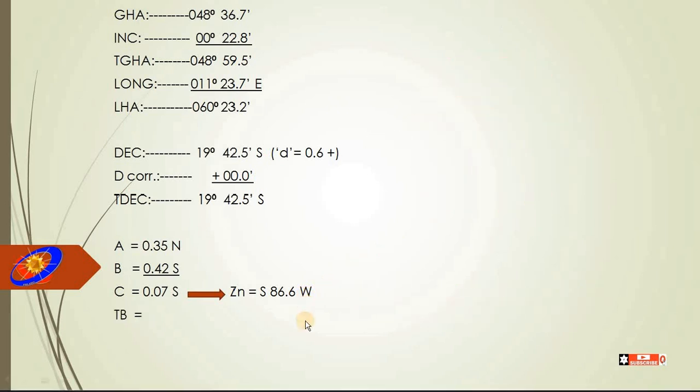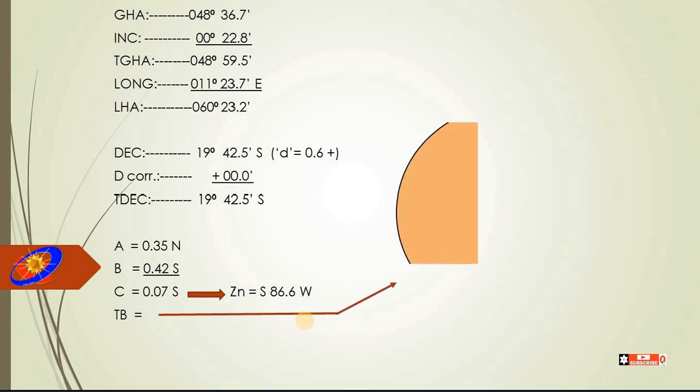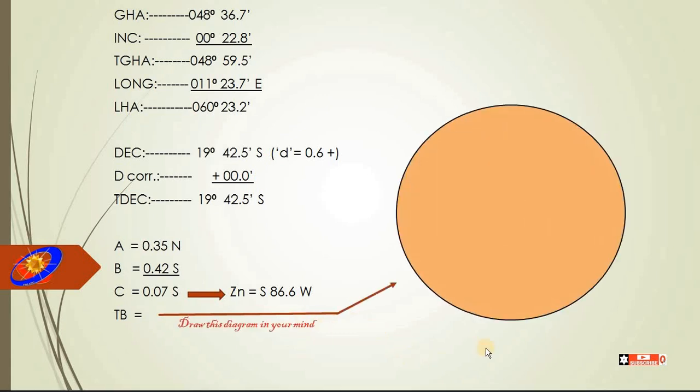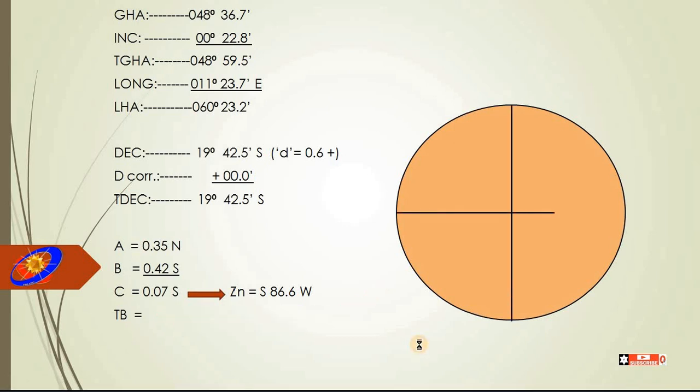Okay, so now we're gonna take the TB, which is the true bearing. Okay, try to draw this diagram in your mind again. This is a very good diagram. Yes, northeast, southwest. Here, northwest, southwest, southeast, northeast.